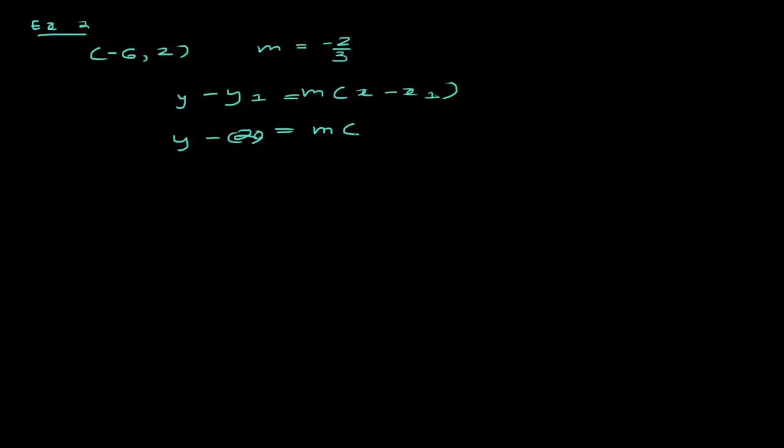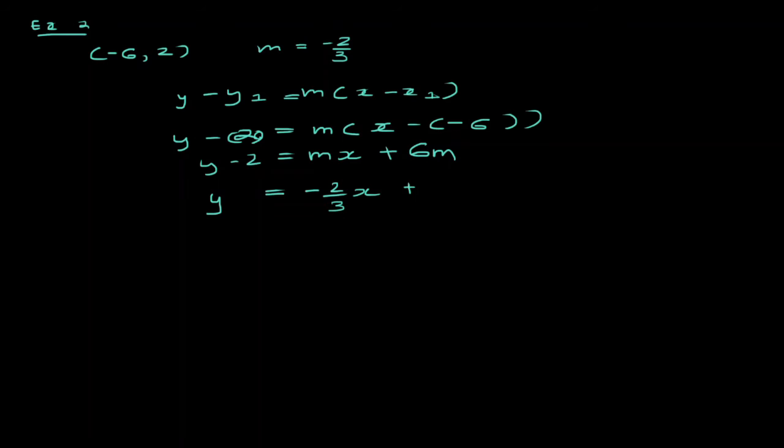And you have y minus 2 is equal to mx plus 6m. And now let's sub the m value in and move the 2 over: minus 2 over 3x plus 6 times minus 2 over 3 plus 2.